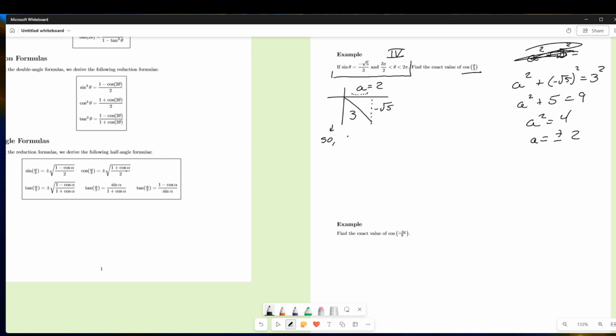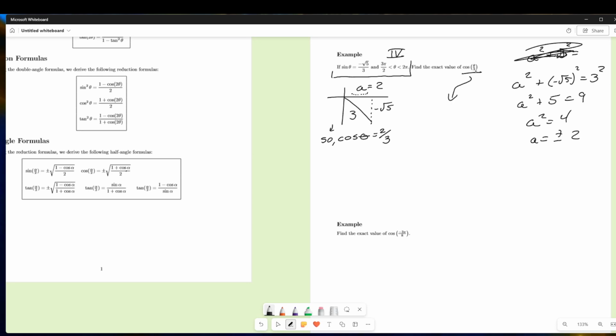So that tells us that the cosine of theta is 2/3. It also tells us that the tangent of theta is the negative square root of 5 over 2, but we don't need to know that. Because we can build that diagram, we know all of the other trig functions, whichever ones we need.